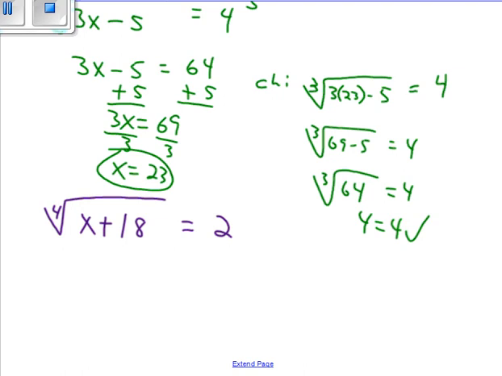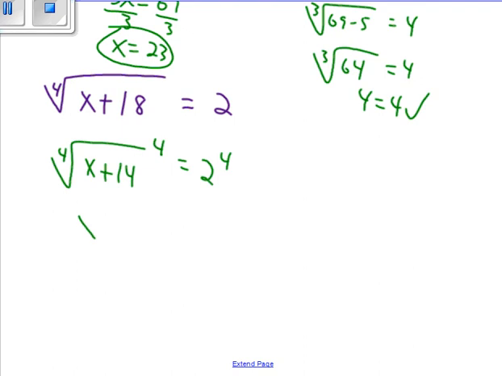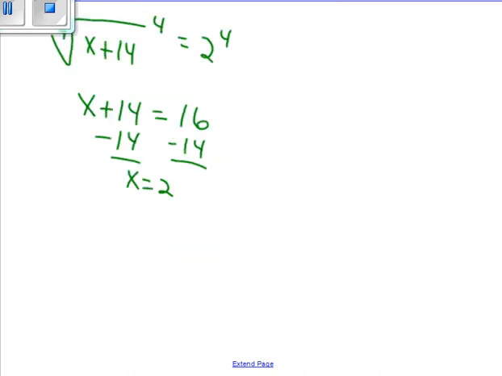Now I'm going to have the fourth root of x plus 14 equals 2. I'm going to take both sides to the fourth power this time. And so that will give me x plus 14 equals 16. And so I subtract 14 from both sides, and I get x equals 2.